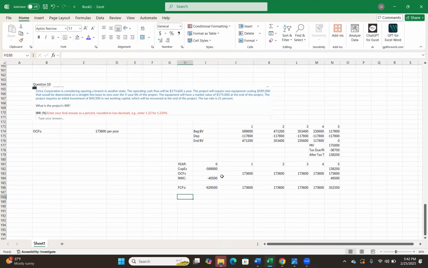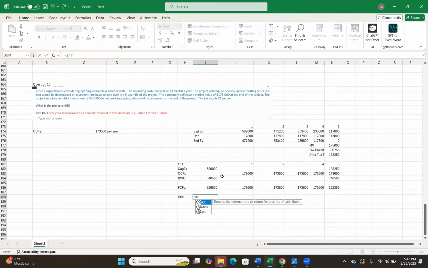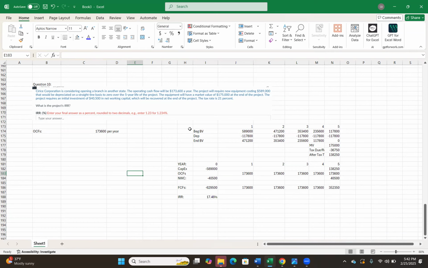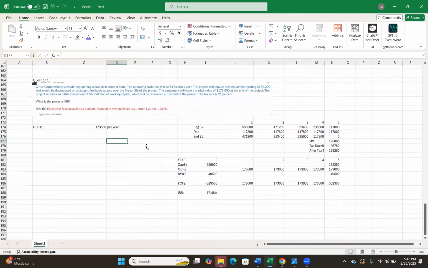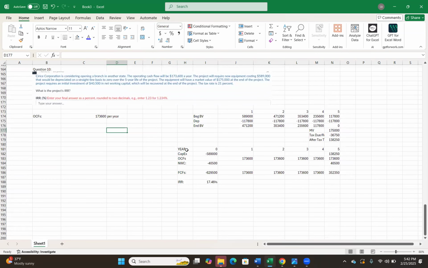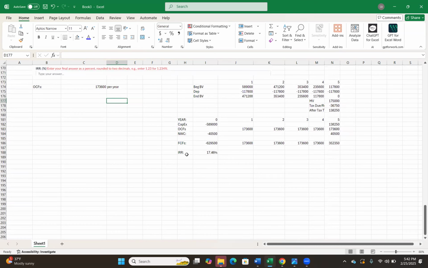Awesome. And my IRR is just going to be equals IRR and these values. 17.46. It just asks the IRR, not if we should accept or reject. It doesn't give us a required rate of return, so that makes sense. But that should be our answer for this one.